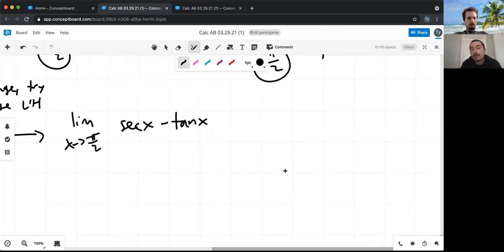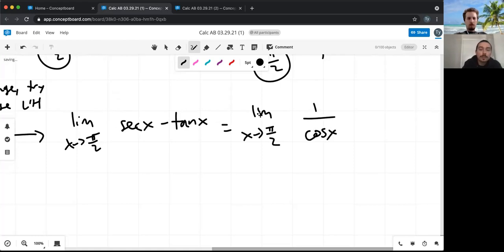All right, well, we already mentioned 1 over cosine is equal to secant, and tangent is the same as sine over cosine.